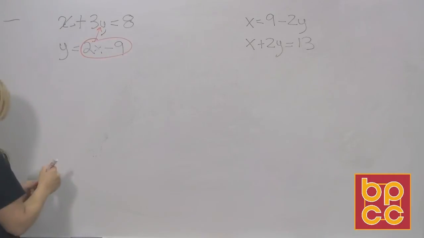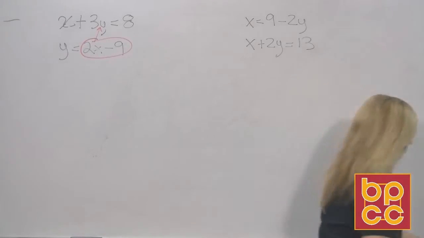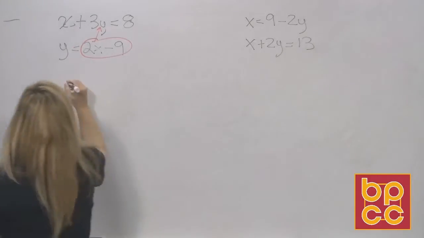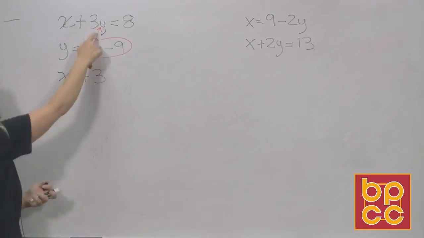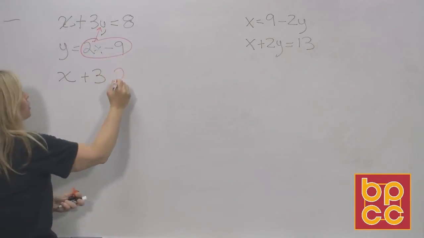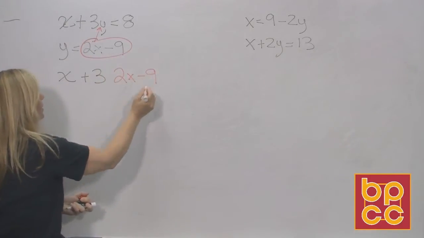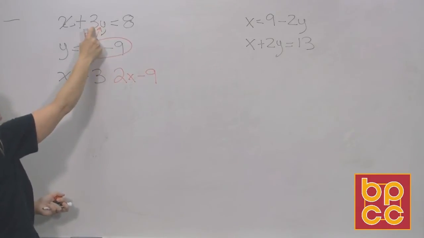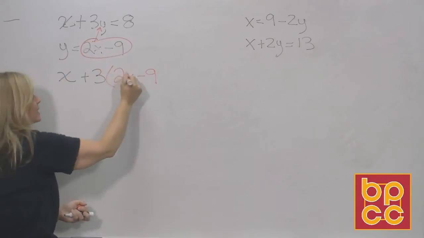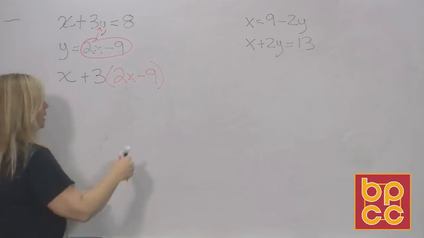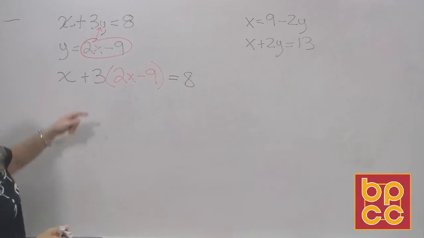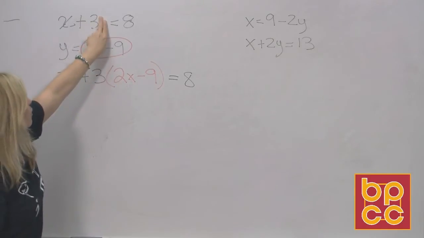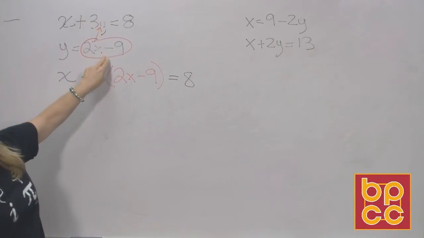It now becomes x plus 3, but instead of writing the y, we're going to replace it with the 2x minus 9. And because the variable and this number are side by side, connected by multiplication, it equals 8. That's what substitution means. Take your variable, cover it up, and replace it with what it equals.